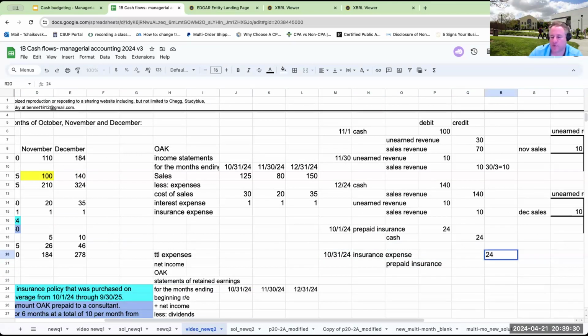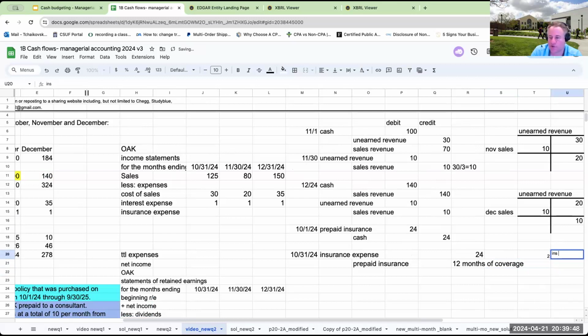Okay, well, it's a $24,000 policy, 12 months of coverage. So this is going to give us 2,000 insurance expense per month. Okay. So this is going to be 2 and 2. And in fact, this is going to be the amount of the insurance expense we're going to be recognizing every single month.